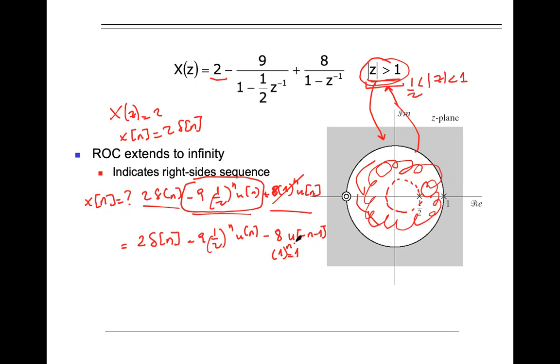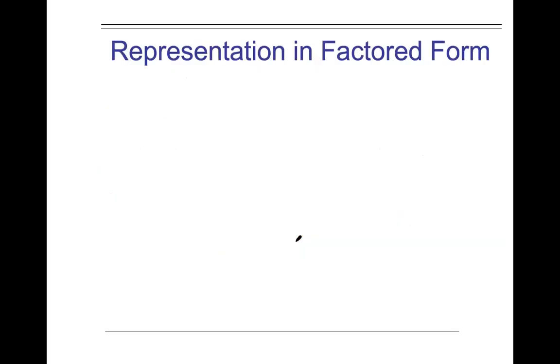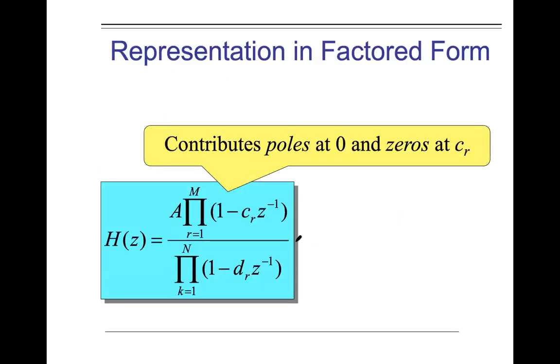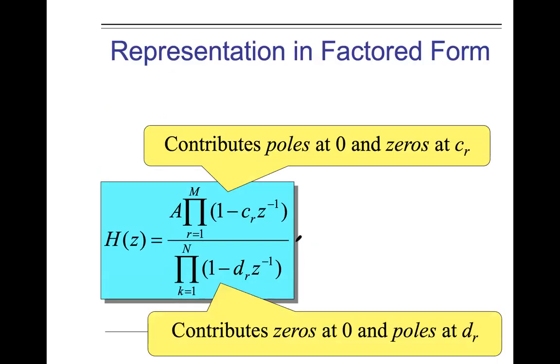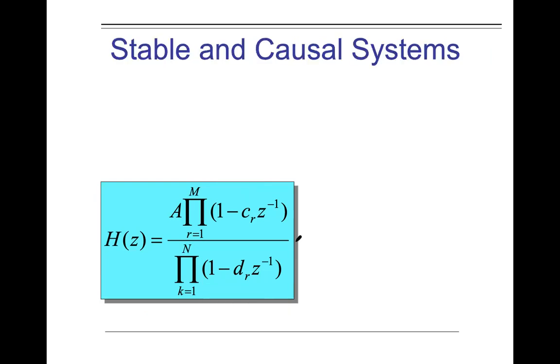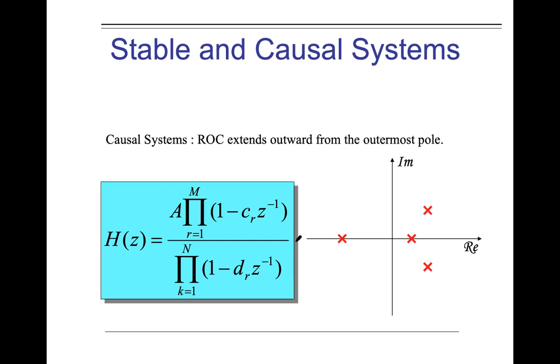Going from x of z back to poles and zeros and so on. Now, you know these poles and zeros, you know these definitions, right? Now, if I tell you this is a causal system, how should my ROC be?